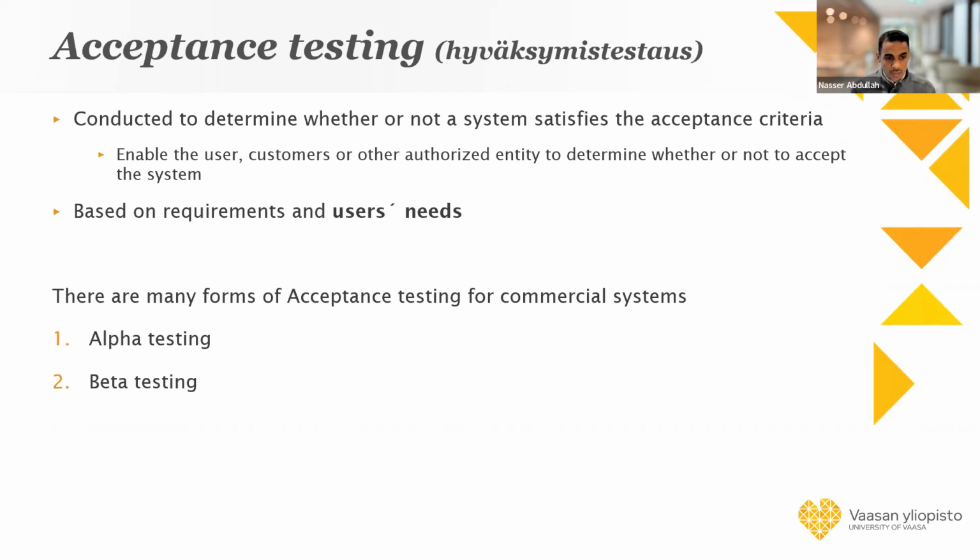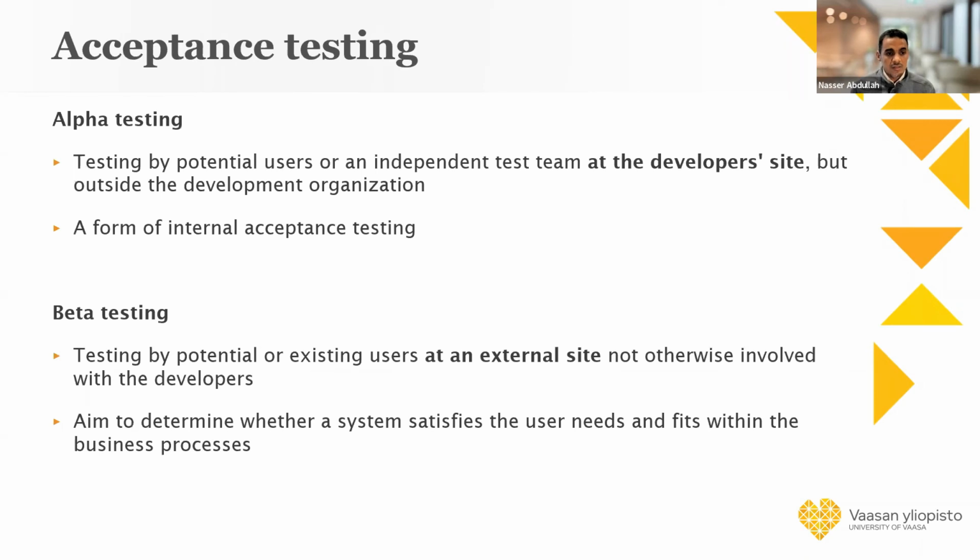So that is alpha and beta testing. While for beta, the testing team is from outside the company. For example, before big companies release any product or software, they first send it to some people, not the developers, just normal users, and then they test it.